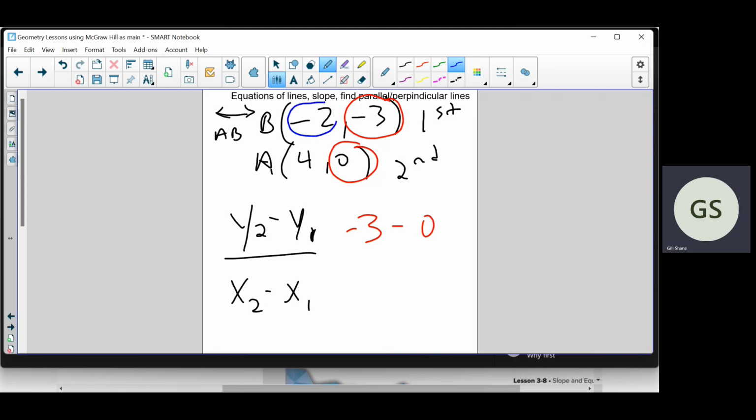So I better use this first. I'm sorry, the top x, -2, and then subtract 4. Just make sure you go in the same order. That's all that's important. I'm gonna do it in more detail, but if you kind of are getting this, especially after you practice a bunch of IXL, that's all that matters. If you choose the top y first, then you have to choose the top x first.